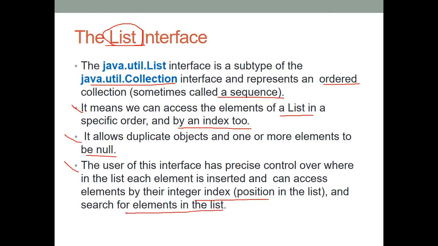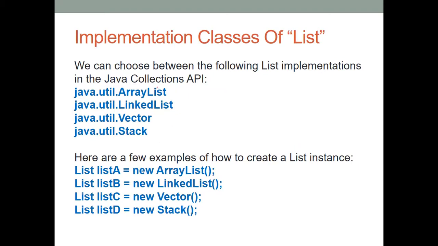So that's everything about the List, and now we can ask what are the implementation classes of the List. List is nothing but one of the interfaces. So we can choose between the following list implementations in the Java collection API.